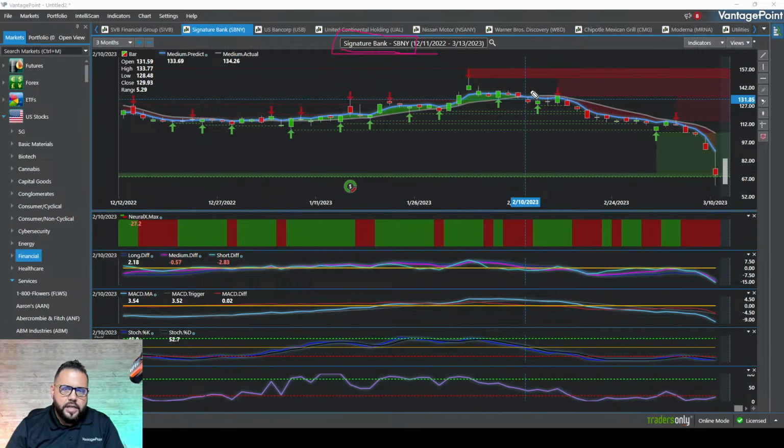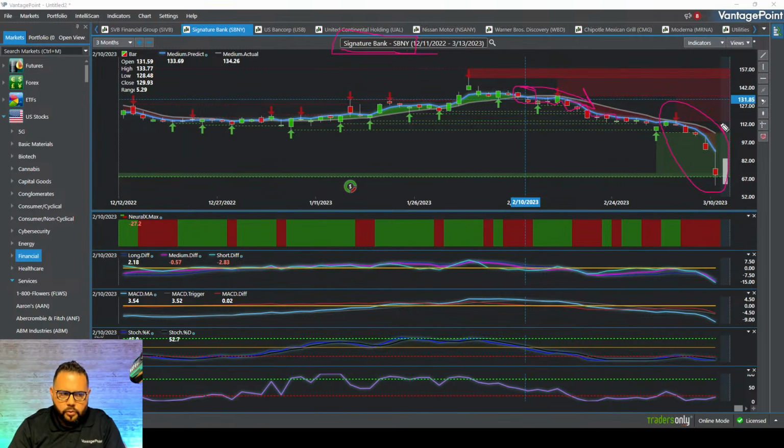The artificial intelligence had a very clear indication that this was expected to go lower. I think everybody can see that since that day, for the last month, it has certainly gone lower, and then also got caught up in the SVB conversation last week.